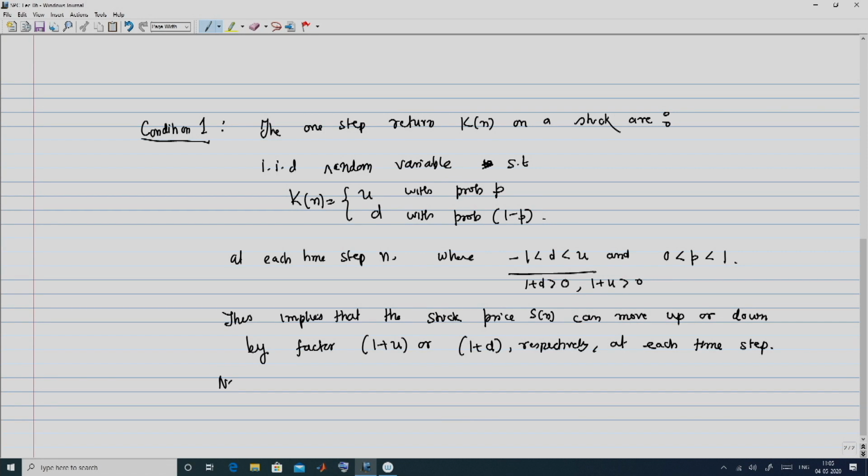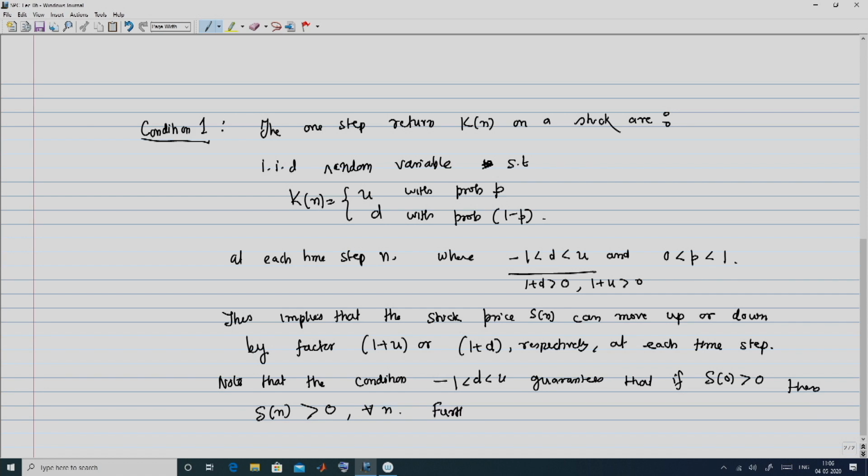So, then note that the condition, as I had mentioned before, this condition of minus 1 less than d less than u guarantees that if you start off with a positive stock price, then S of n will also be positive for all n.